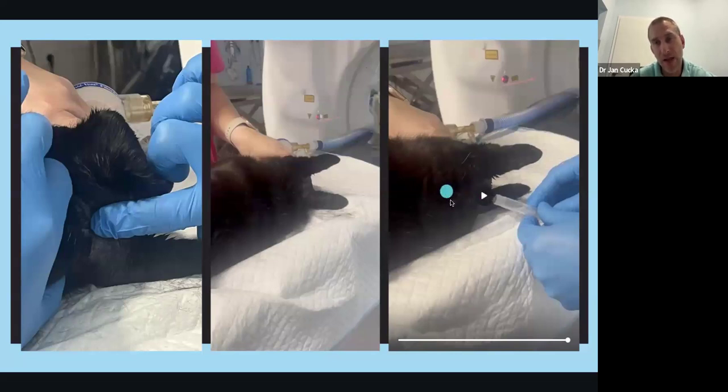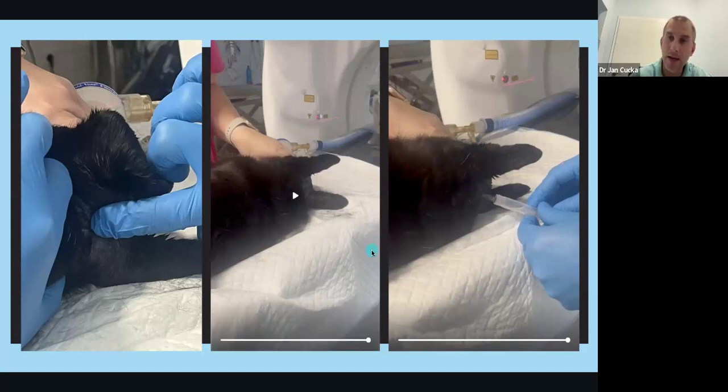The biggest trick for contrast application from the cranial puncture is that the animal should be elevated in this part. So head and neck are higher than the rest of the body, and we are using gravity for the contrast, which is going lower.